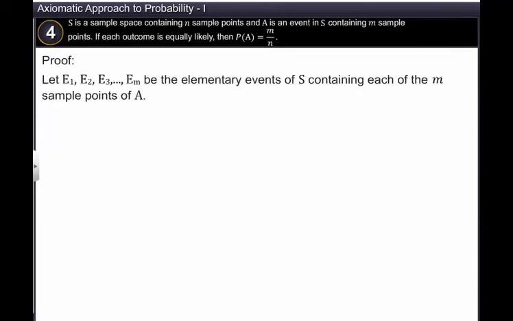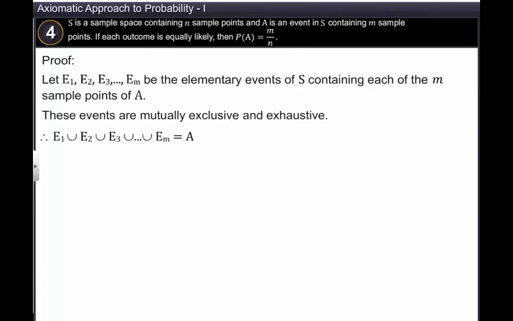Let E1, E2, E3 and so on be the elementary events of S containing each of the m sample points of event A. We know that the events are mutually exclusive and exhaustive.